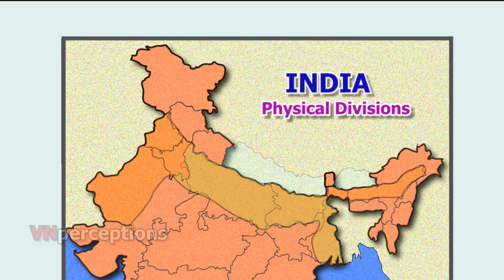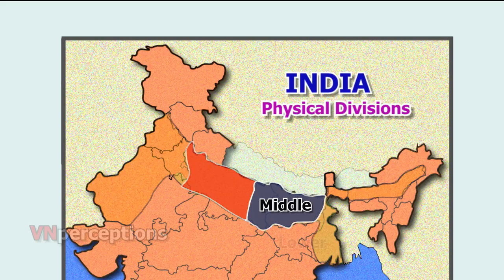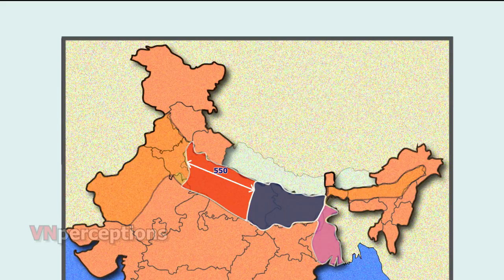The entire central plain can be further divided as the upper Ganga plain, the middle Ganga plain, and the lower Ganga plain. The upper Ganga plain extends up to an average 550 kilometers in length and an average 380 kilometers in width. It is located in western Uttar Pradesh.